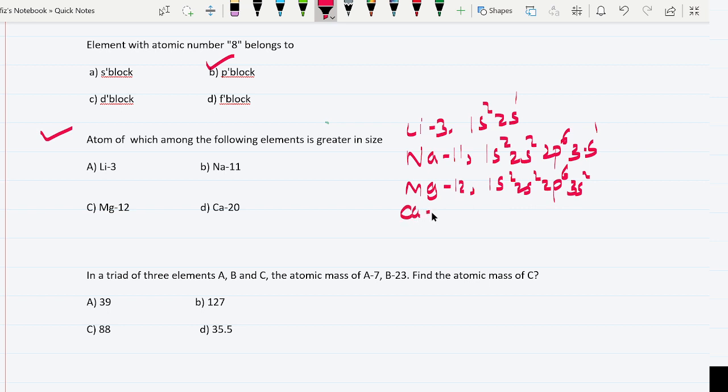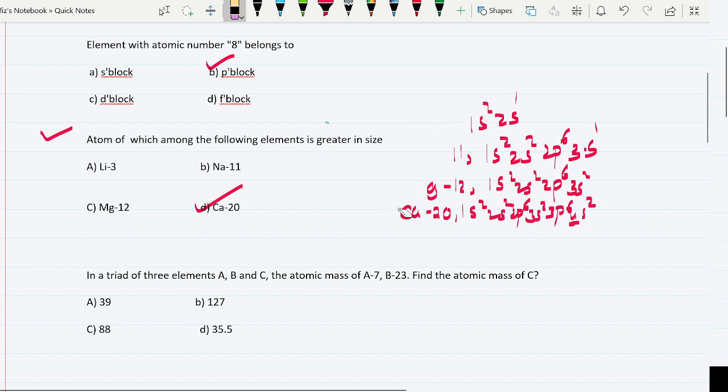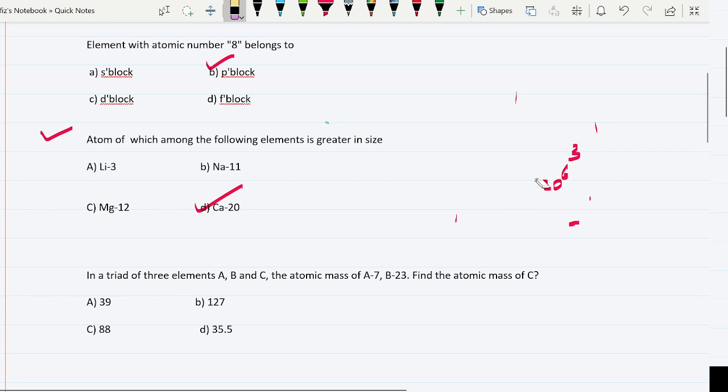Lastly, we have calcium here with atomic number 20. Let's write the configuration here: 1s2, 2s2, 2p6, 3s2, 3p6, 4s2. See, I told you an atom with the highest number of shells will be greater in size, that is calcium having 4 shells will be greater in size. So option D is the right option here. Okay, children, hope you are following the things here.